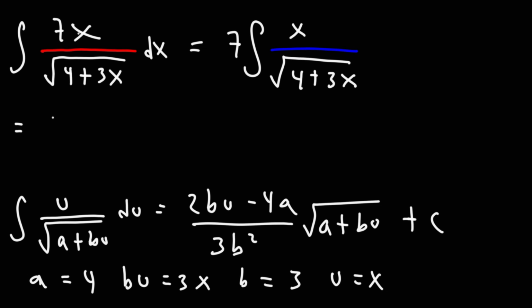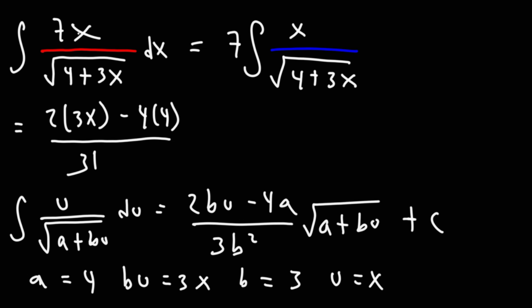So this is going to equal 2 bu. Bu is 3x, minus 4a. A is 4, over 3b squared. So b is 3. And then times the square root of a plus bu, so 4 plus 3x.